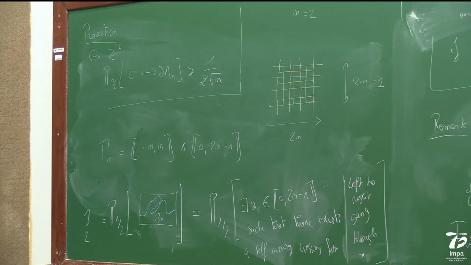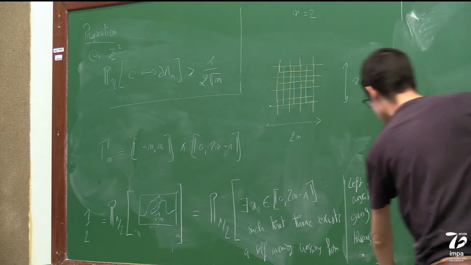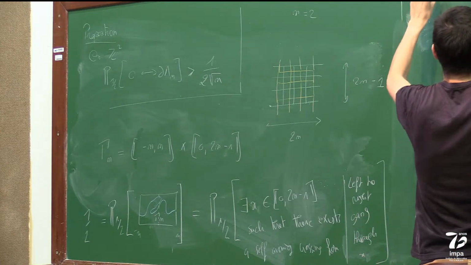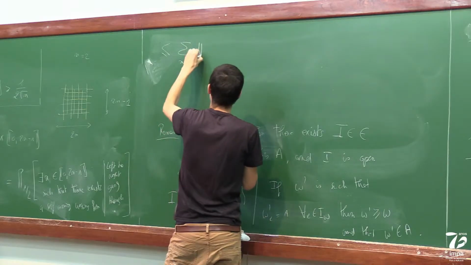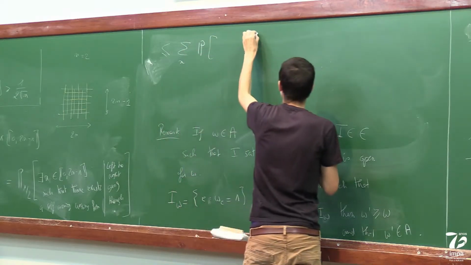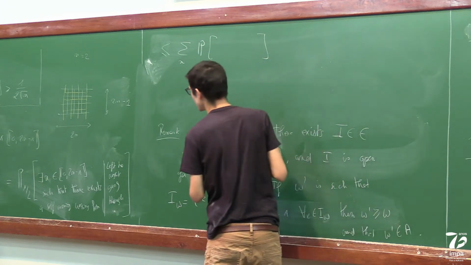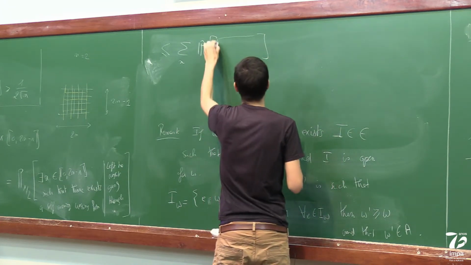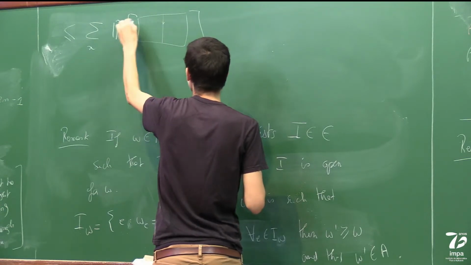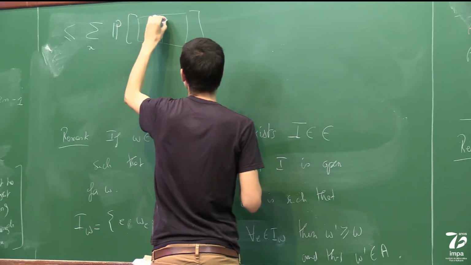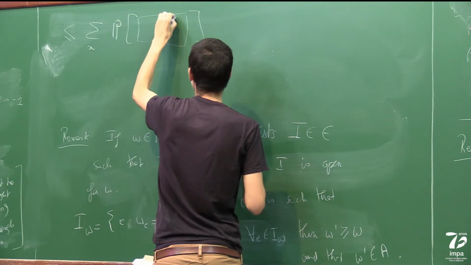So now this thing is smaller than the sum over x of the probability of exactly this.